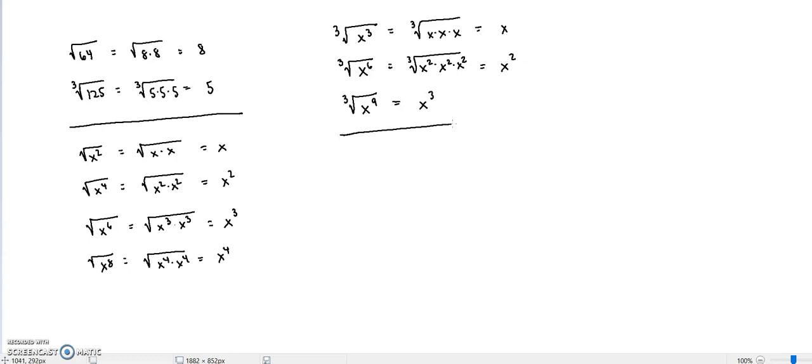And then similarly, the fourth root would break things up into fourths. So you need 4 equal factors. So like this, x times x times x times x. So the fourth root of x to the fourth would be x. The fourth root of x to the 8th would break up as x squared, x squared, x squared, x squared.